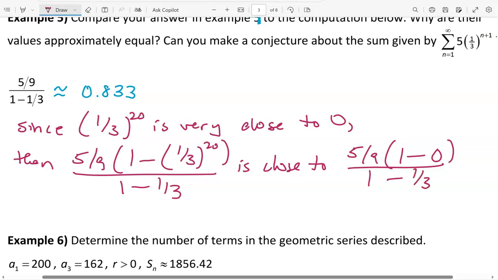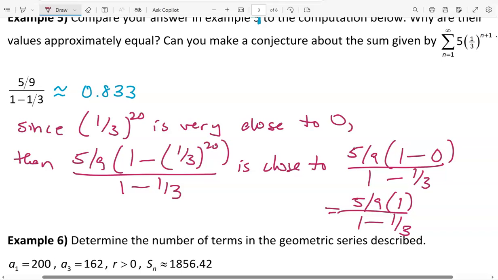In other words, that 1/3 to the 20th power is really close to 0, so we can just approximate it as 0. And then we just have 5/9 times 1 over 1 minus 1/3, which is the second computation that we did.